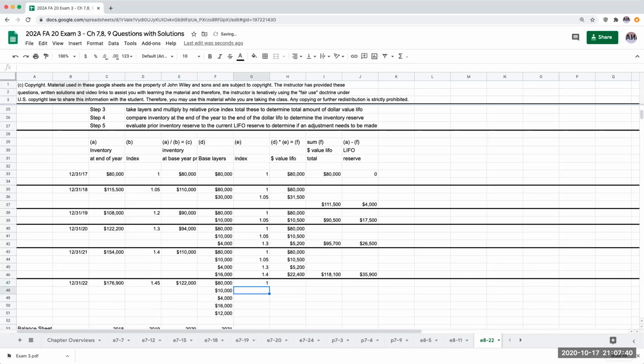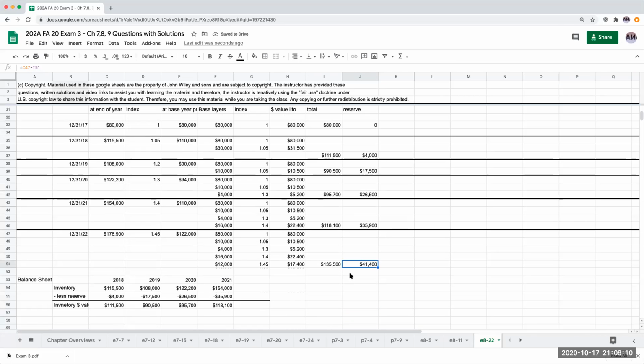So now I got 1, 1.05, 1.3, 1.4, and then my new layer is going to be 1.45. As I go through, I'm going to multiply each one of these through. And when I add all these up, I get 135.5. So my ending balance over here is going to be 41,400.